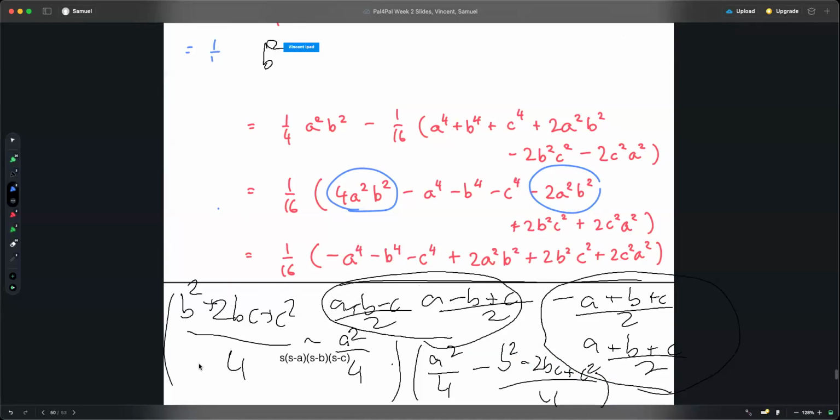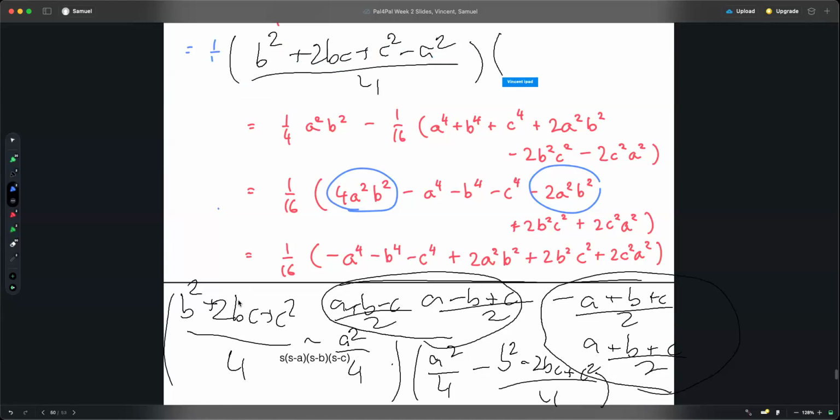We have b squared plus 2bc plus c squared minus a squared over 4 times a squared plus 2bc minus b squared minus c squared over 4. Factor out the 1 over 16, which we have here.